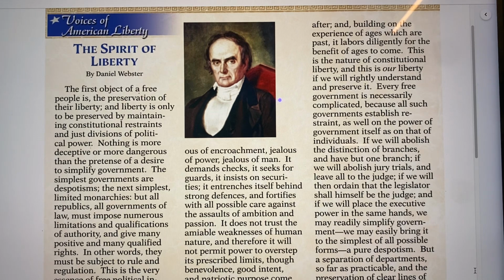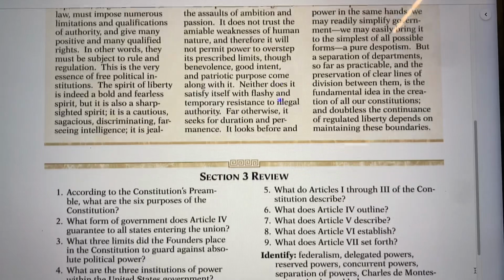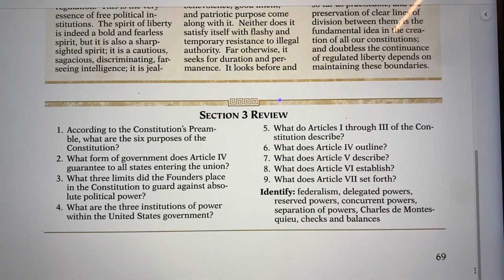So we must have a continuance of a regulated liberty that depends on maintaining the boundaries of our government, the boundaries of our branches. The checks and balances are also important in our government. So that was Daniel Webster, who kind of summarizes everything that we're talking about in this chapter.